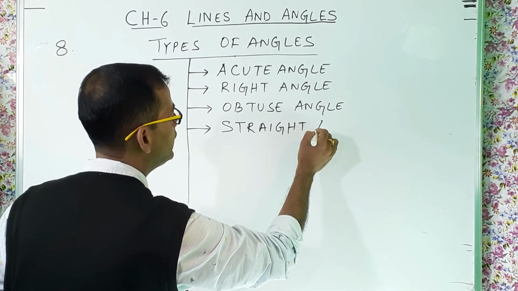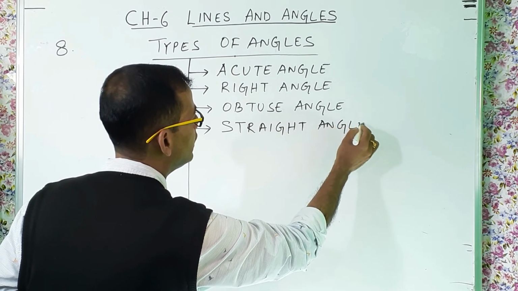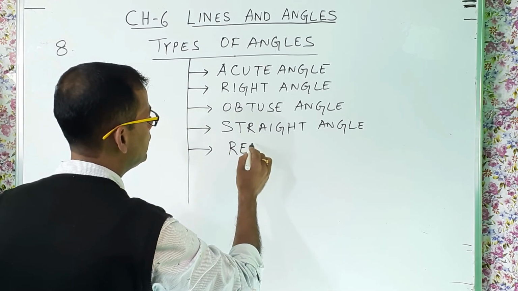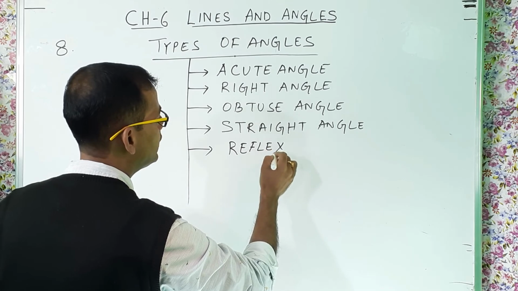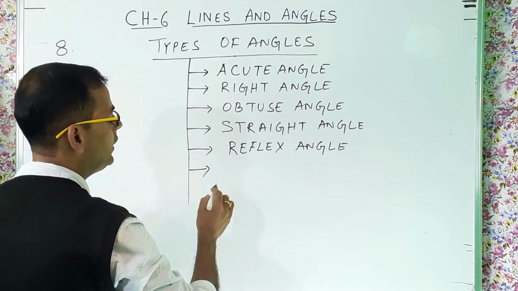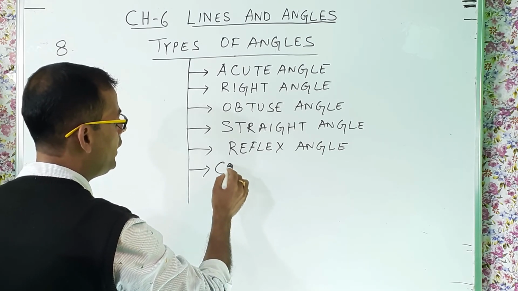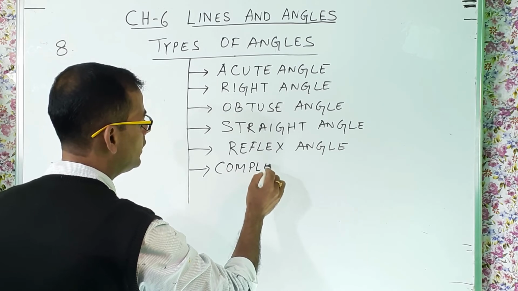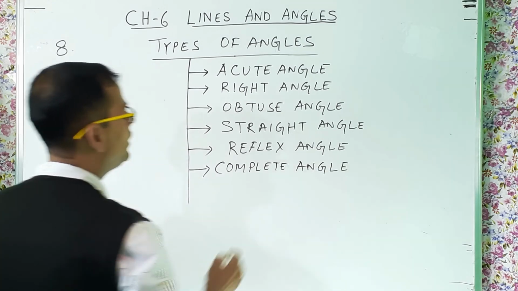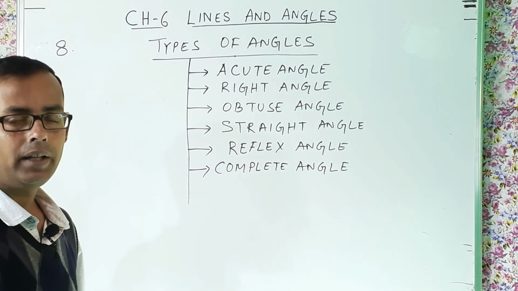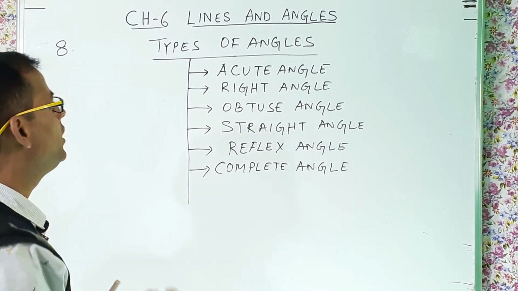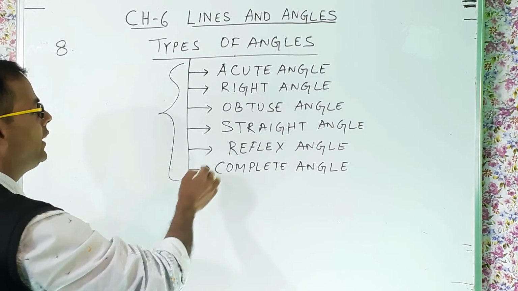The next one is the reflex angle. And the last one is the complete angle. So you can say there are 6 types of angles. One more is there, we say zero angle, but it is not needed. So there are 6 types of angles.